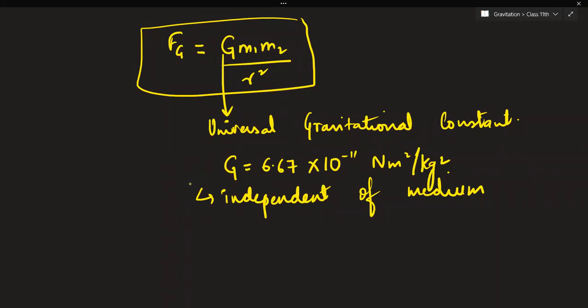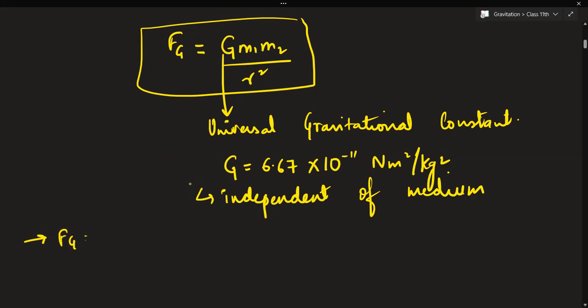Now, one more thing, class, when you use this Newton's law, make sure that this formula is valid only for point charges, not charges, sorry, here we are considering masses. So point masses or spherical bodies.